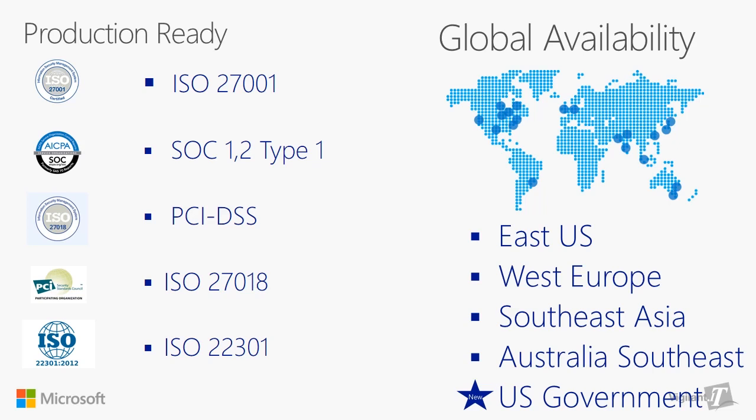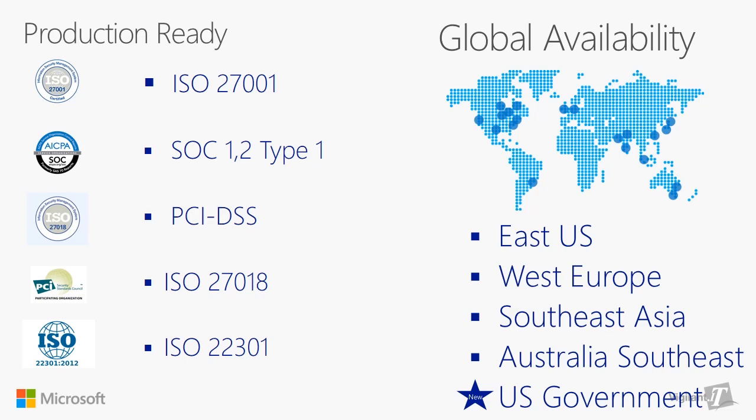OMS is available worldwide and recently announced the US government. OMS is hosted in Azure, which is certified many times over with the International Organization for Standardization. Azure is certified in ISO 27001. This certification outlines hundreds of controls and control mechanisms to help organizations of all types and sizes keep information assets secure.